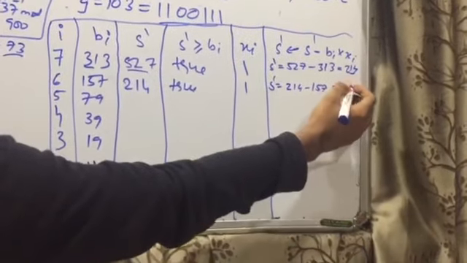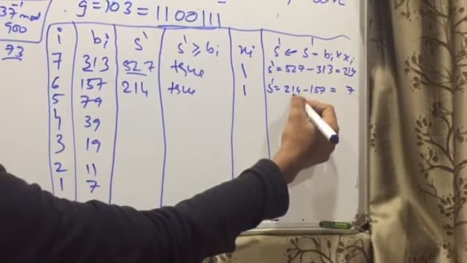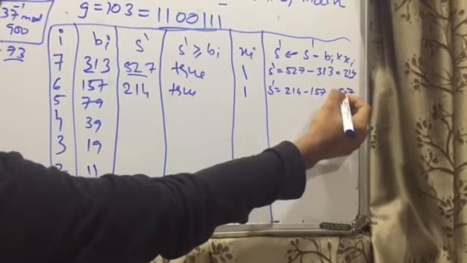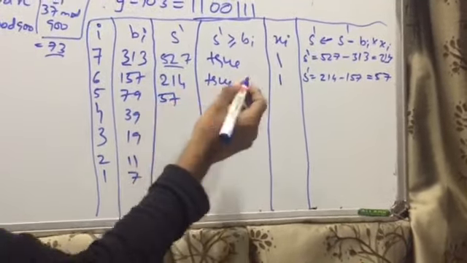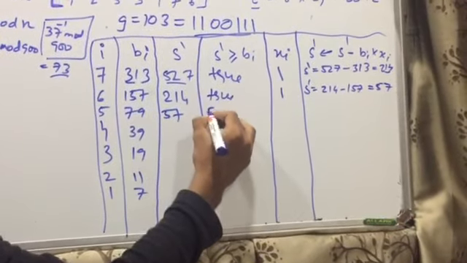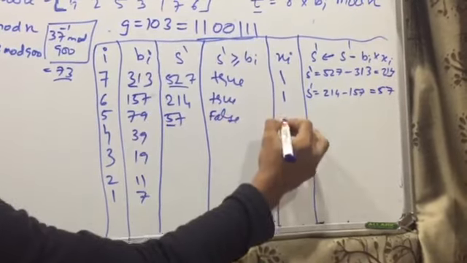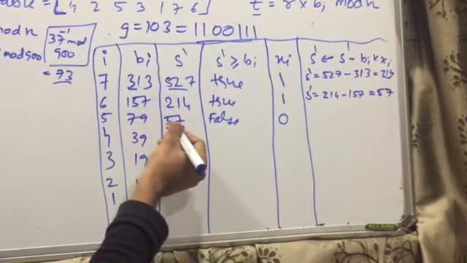So this will be 57. Okay, just copy that S dash over here. Now this one will be false because here BI is greater, so input value 0, and copy this 57 down.